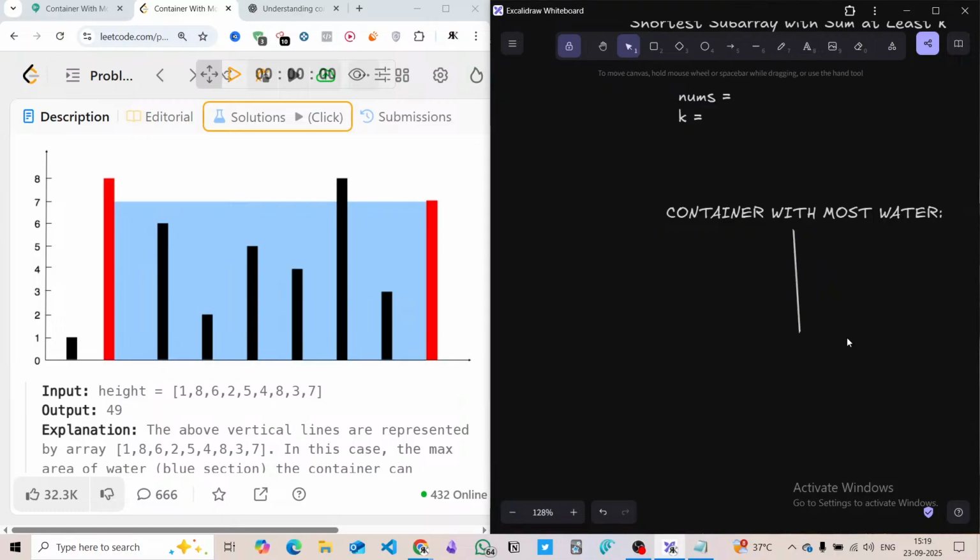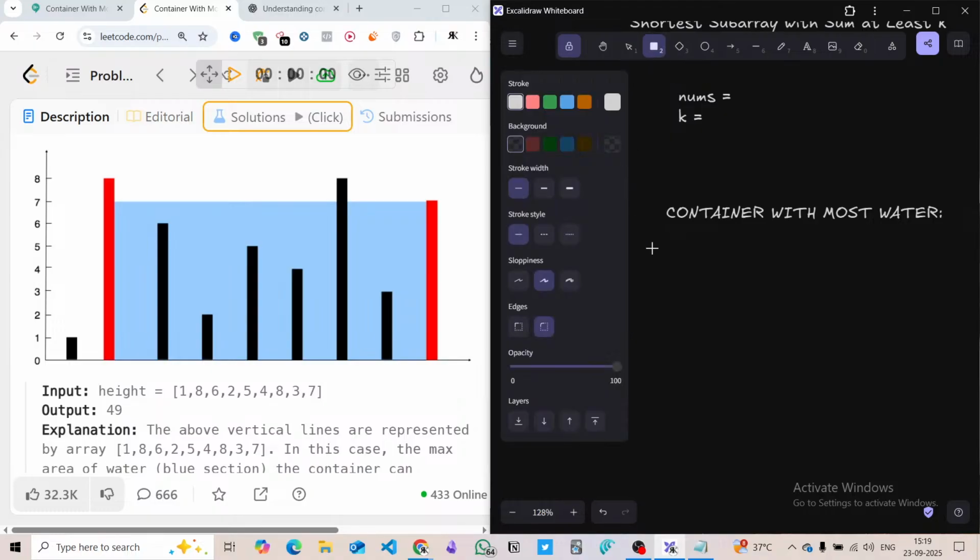Okay, let's solve this one. So we just keep this simple, not like this thing, this is hard to understand. So just make an array.